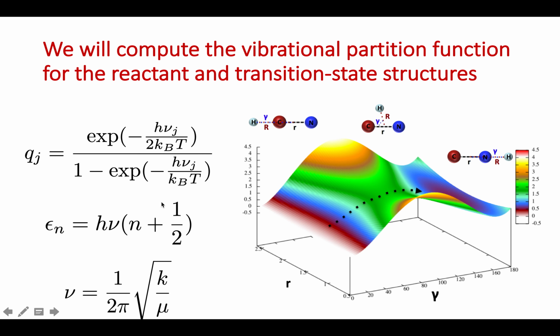Once you have that information, you can calculate the partition function for the reactants, provided that you know the temperature. You'll see at the very last slide, I'm going to tell you to do this, and that the temperature is 300 Kelvin.